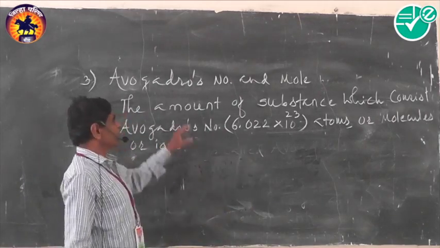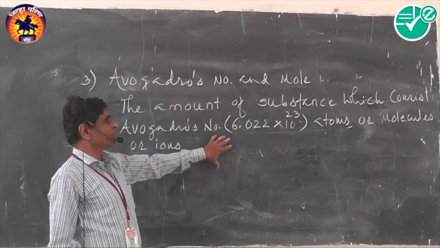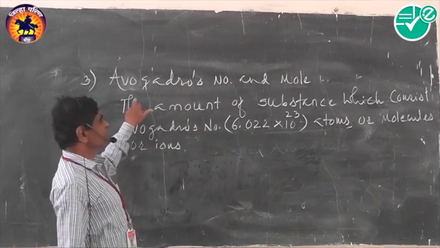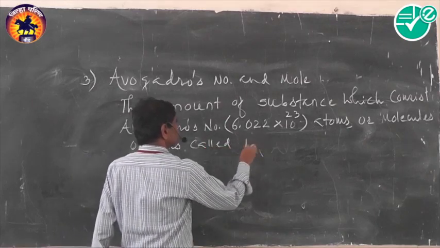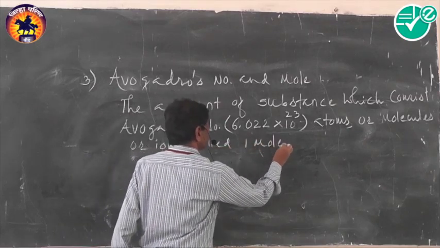A quantity which consists of Avogadro's number of particles is called 1 mole, or it is considered as 1 mole.